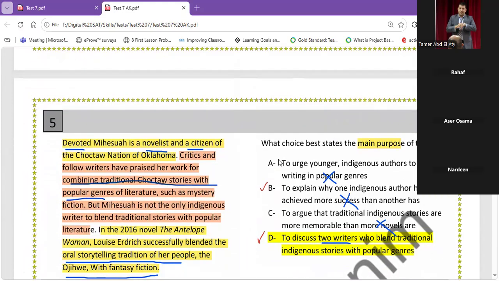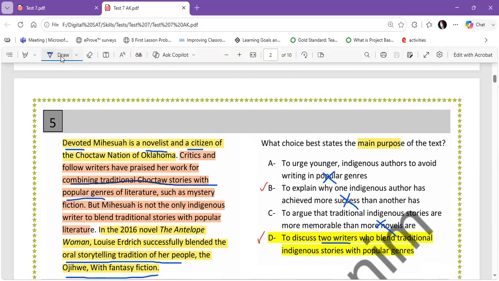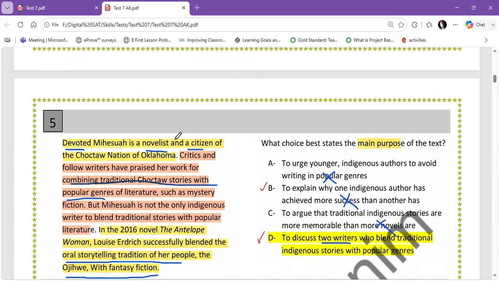Here is the main purpose. And we said in the main purpose, we have to read the first sentence and last sentence. Here he said, Devon Mihesuah is a novelist and a citizen of the Choctaw Nation of Oklahoma. So she is a native or American Indian. The last sentence, take care.